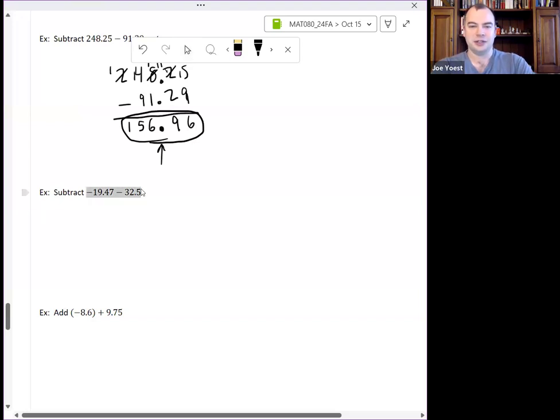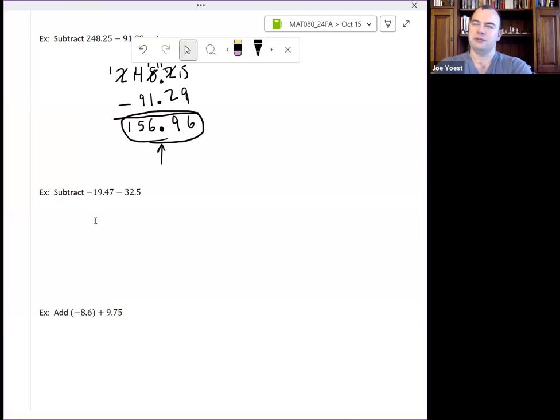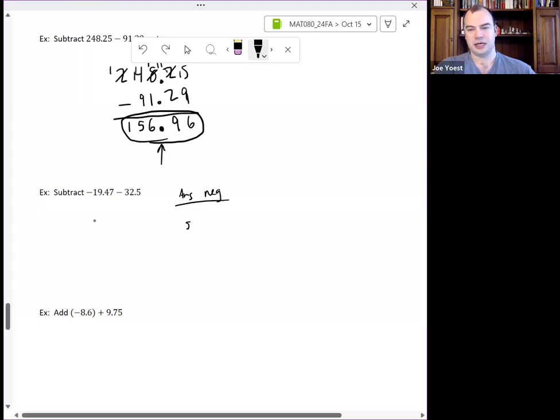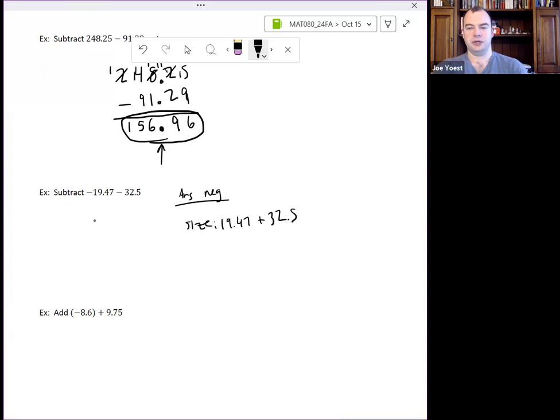What if I want to subtract, say, negative 19.47 minus 32.5? If I was subtracting integers, if I had a negative integer minus a positive integer, I see that my answer is going to be negative, and the magnitude or the size of the answer is going to be 19.47 plus 32.5.